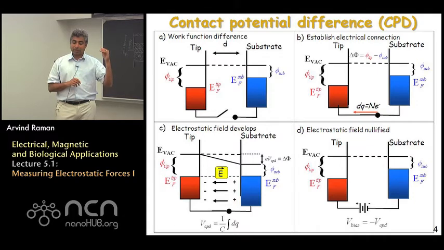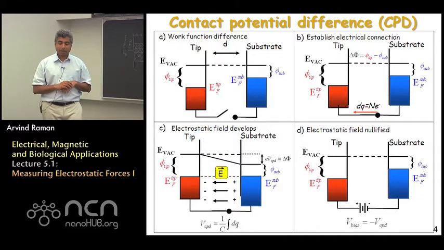That is accomplished by a reduction in energy level, in this case in the substrate, by an amount equal to delta phi, which is the difference in work function between the tip and the sample.